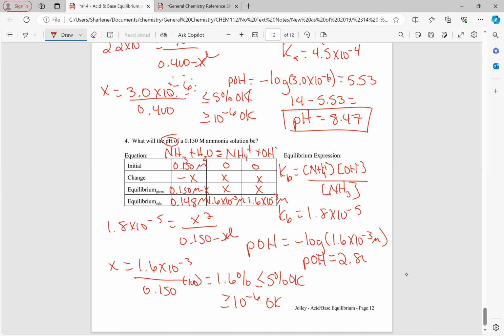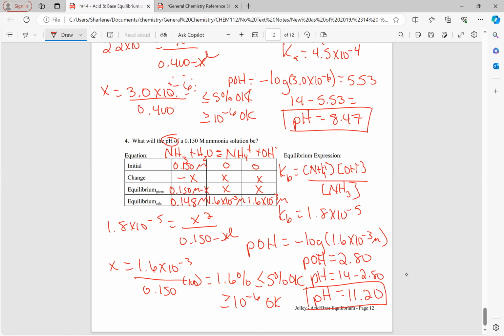And the pH is 14 minus 2.80. So the pH is 11.20. Were we expecting a basic pH? Why, yes. Yes, we were.